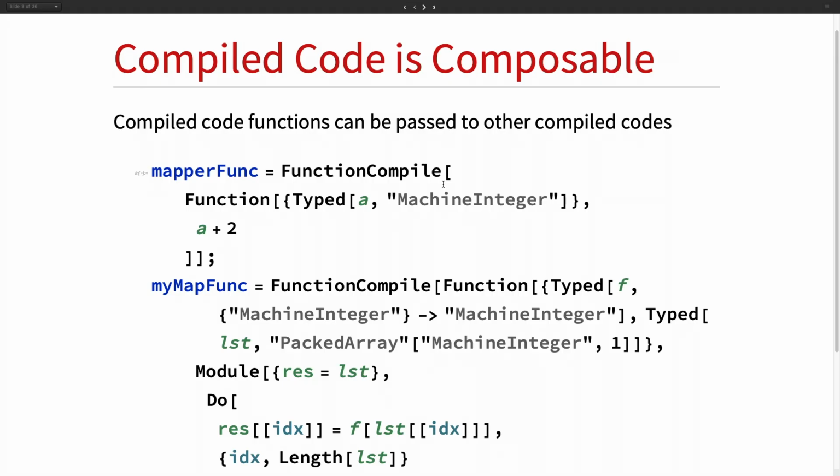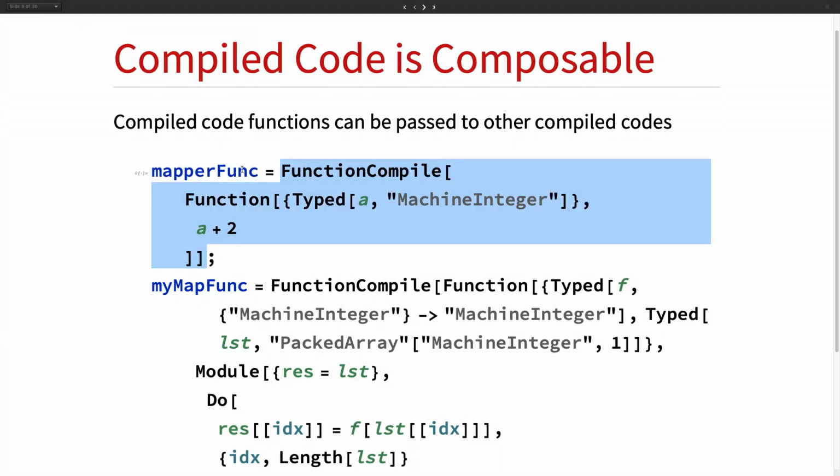The other interesting feature, and this is something that I had trouble with in the old compiler, is that these compiled functions are now composable, which means I can construct a function, and then pass that as an argument to another compiled function.